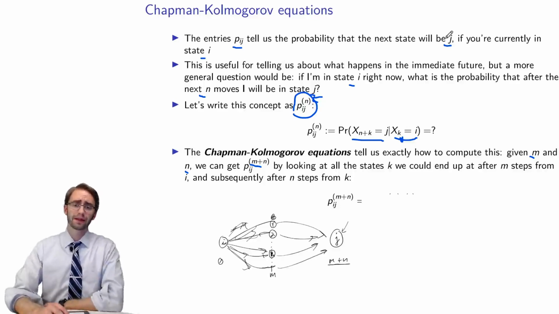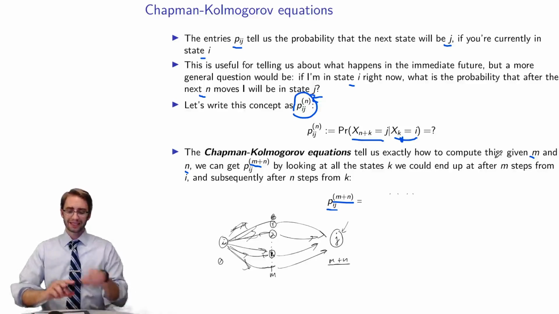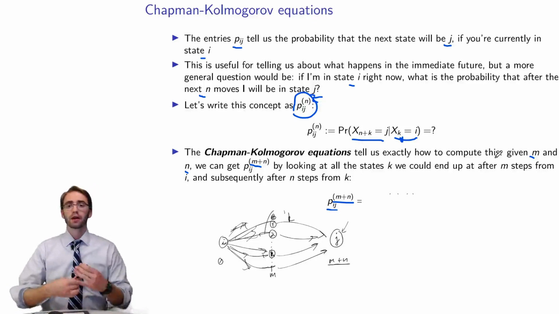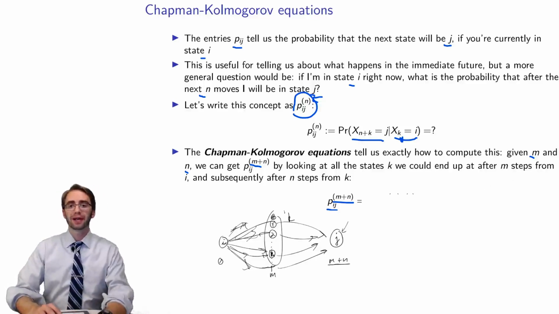And now I would apply the law of total probability, which is to say the following. The probability that after m plus n time steps, I go from i to j, what you would do is sum over all the states k. You would sum over every possible intermediate state.